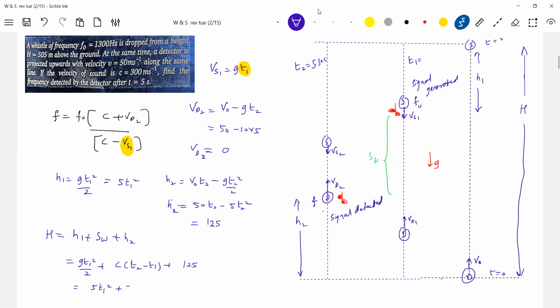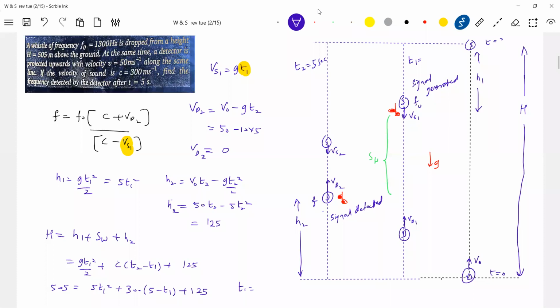Five T1 square, 300, 5 minus T1, 125. The total height is 505. Solving for T1, the quadratic equation will give T1.